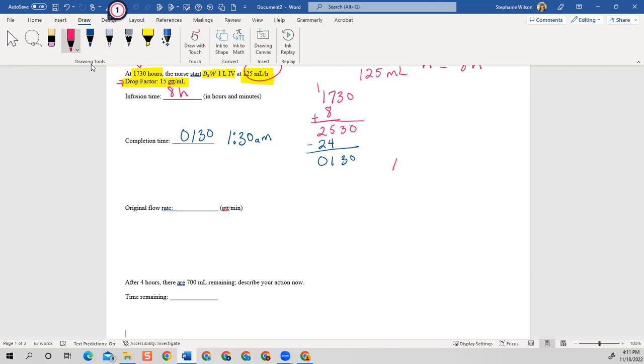So I'm going to take that 125 milliliters per hour, and we're going to multiply it by the drop factor. And since we want it per minute, I know that I can put in the place of that hour 60 minutes because we know there's 60 minutes in an hour. The milliliters reduce.